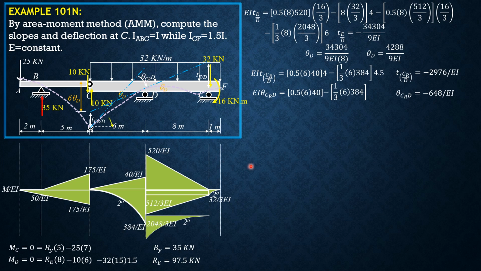So we can now compute theta C right, which is this. So theta C right again is the absolute value of theta C right D, it is positive, inclined up to the right, plus theta D. So theta C right is equal to the absolute value of theta C right D, which is negative 648 over EI, plus theta D, which is 4288 over 9.